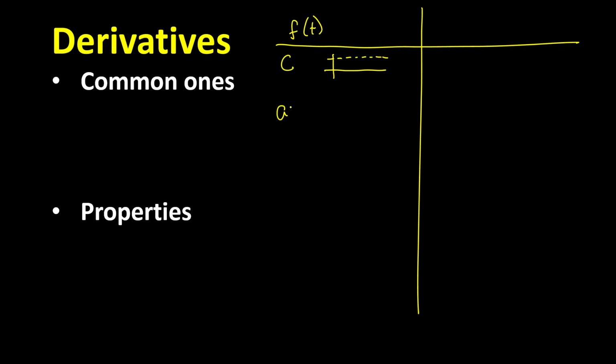Another that is common is a function that moves up at a constant rate, constant slope of A. Another one that we see all the time, perhaps one of the most common ones, is a decaying exponential. It looks like this.